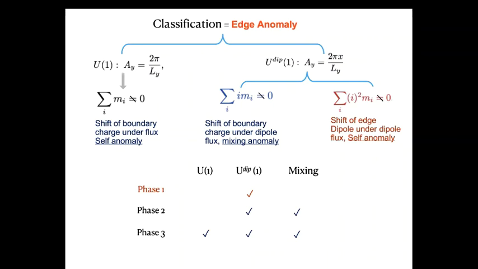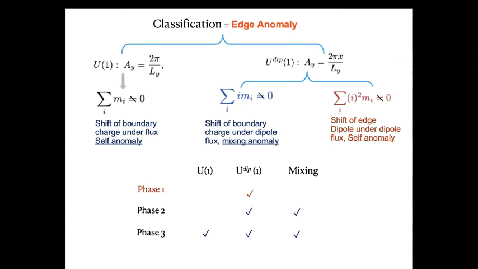This is similar to the usual quantum Hall state. And the other is a self-anomaly for the dipole U(1) symmetry. This is exactly what we just manifested a moment ago via coupled wire construction. If I insert a flux with respect to the dipole symmetry, the dipole moment on the boundary turns out to be not invariant under flux insertion. So there's a shift of dipole moment under such flux insertion.